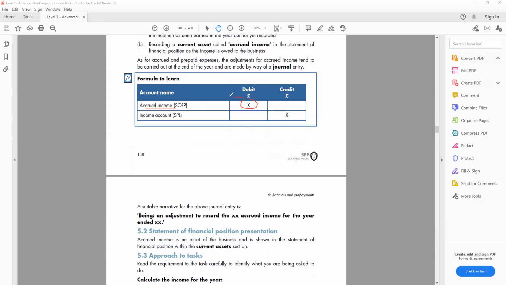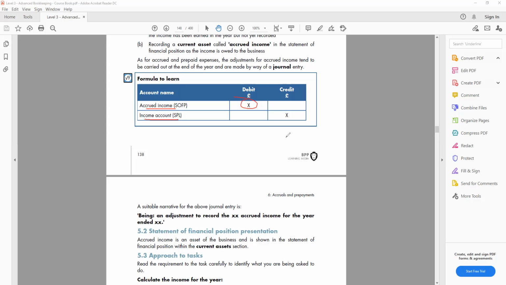On the other hand, that will increase your income. So income is a credit in the statement of profit and loss account. Even though the money was not received in that year, this is still your income because the income is relevant to that period. It doesn't matter whether you receive the money or not, the income has to show in that period.